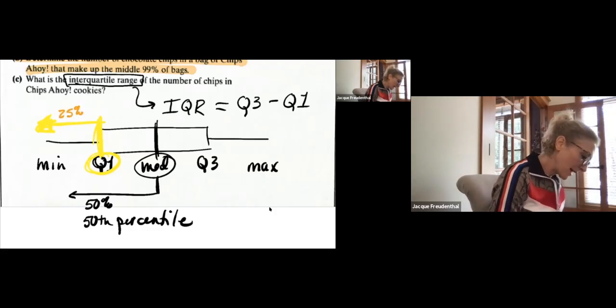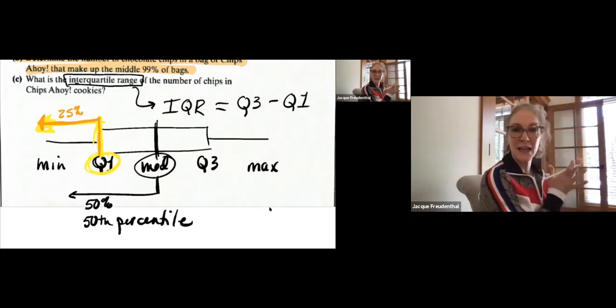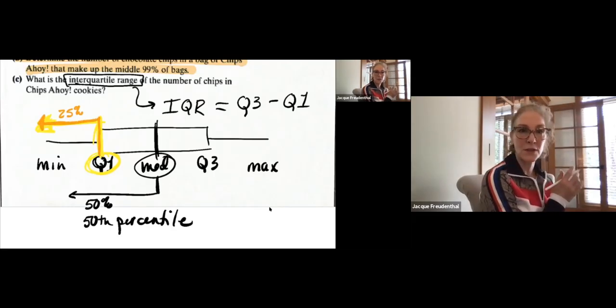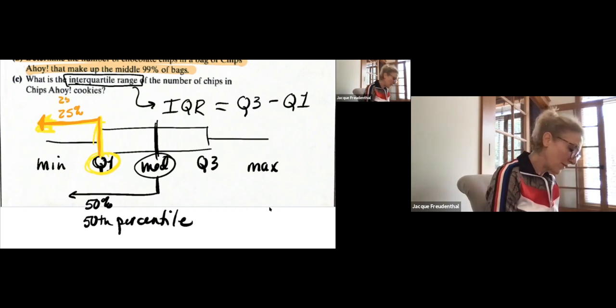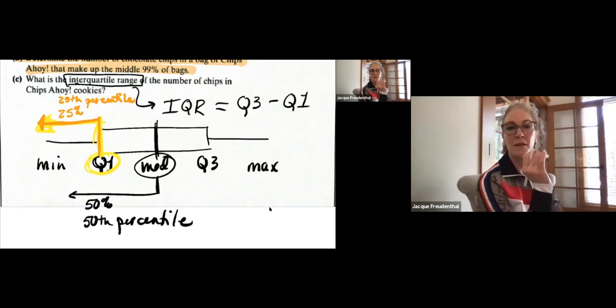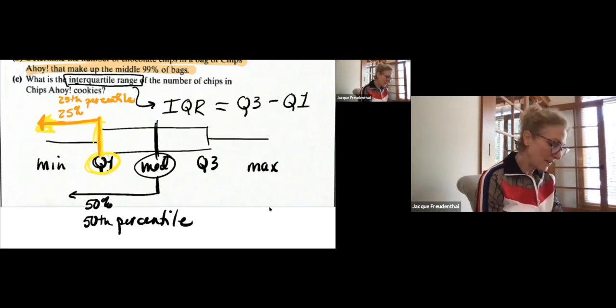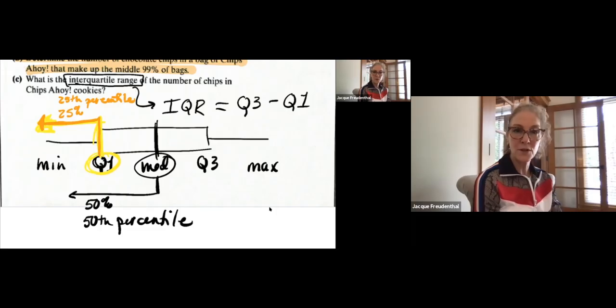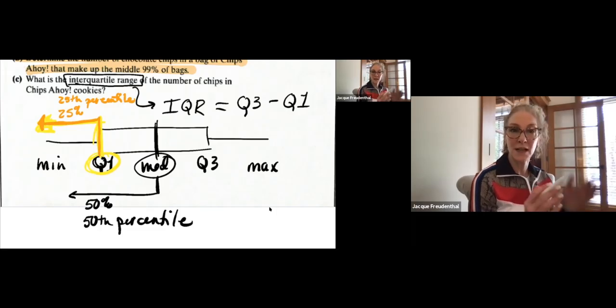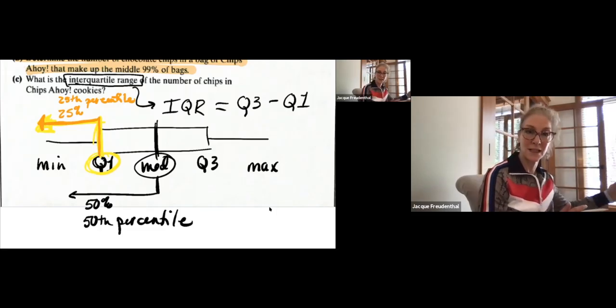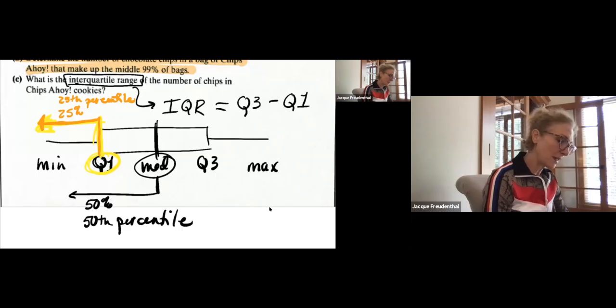So we'd have 25% of the data to the left of the location of the first quartile, which would be the 25th percentile. Okay, so the median is the 50th percentile. The first quartile would be the 25th percentile because 25% of the data is to the left. Okay, so think about the third quartile.